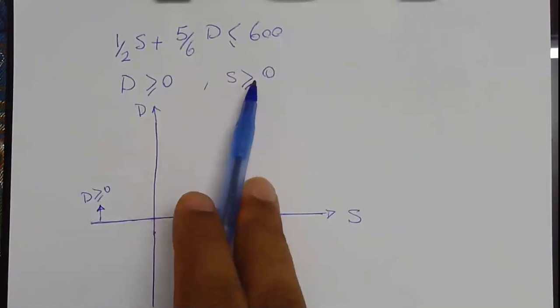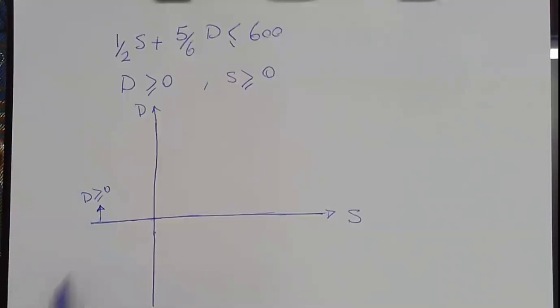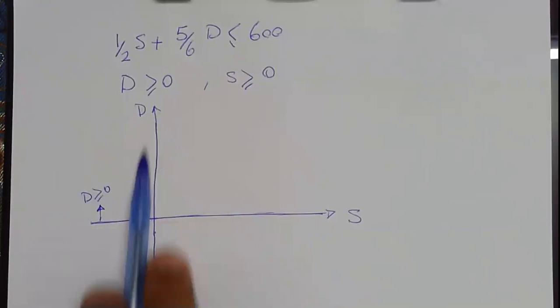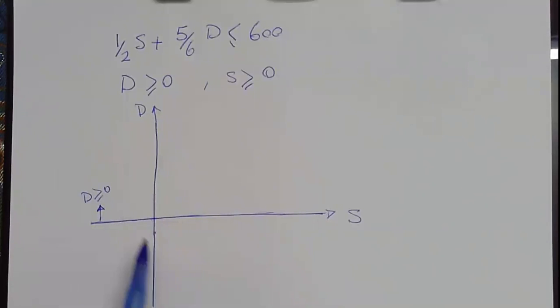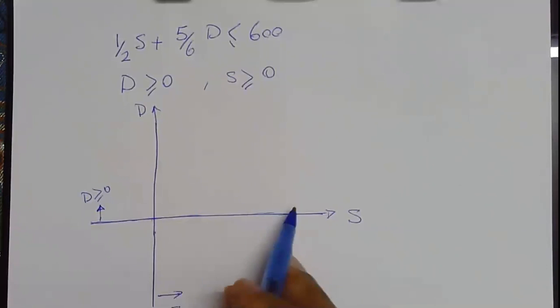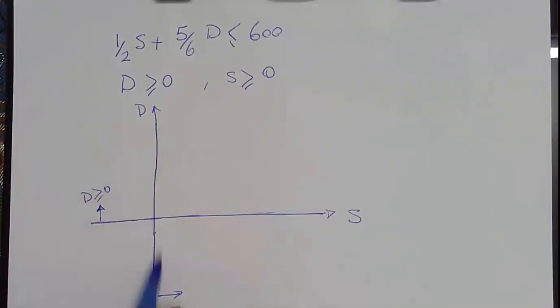S greater than or equal to 0. Any point on this space that is to the right of the vertical axis, S is positive, or if it's on the vertical axis, its S is equal to 0.